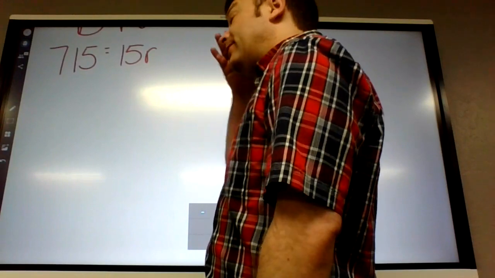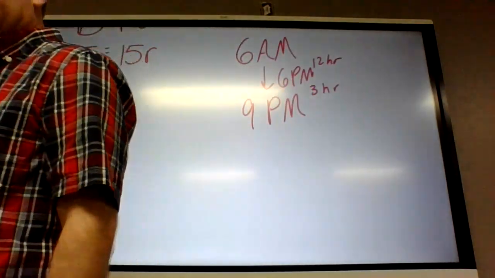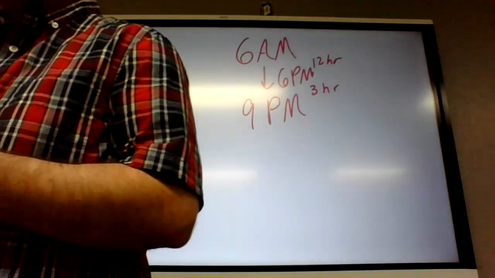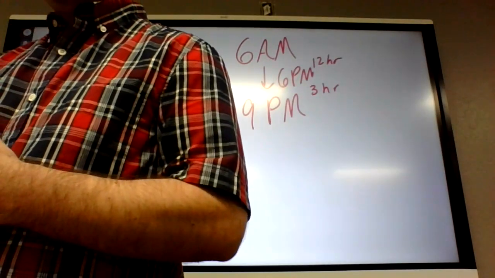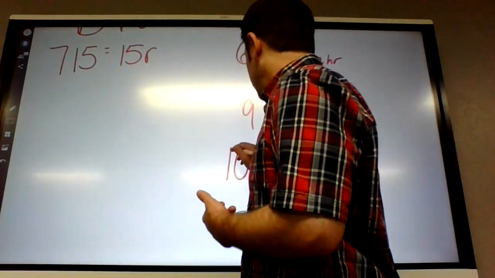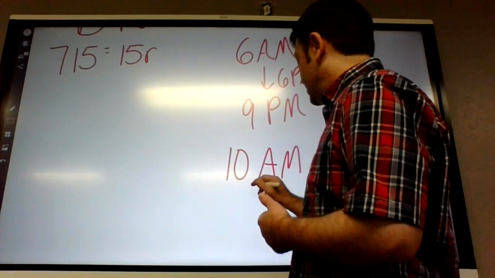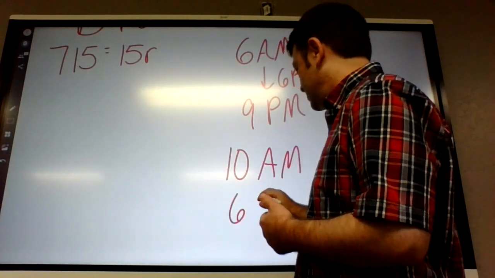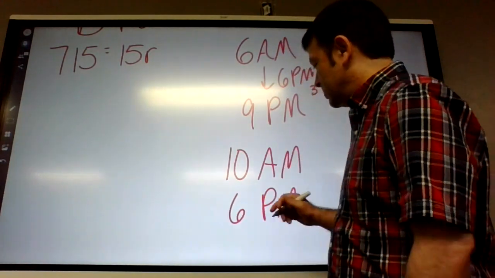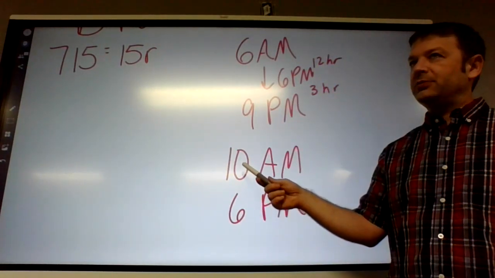Okay, so if we can figure out how many miles they traveled on the first day, then we can figure out how many miles they have left. So if they started at 10 a.m., and they went to, what did it say, 6 p.m.? Okay, how far is it from 10 in the morning until noon?